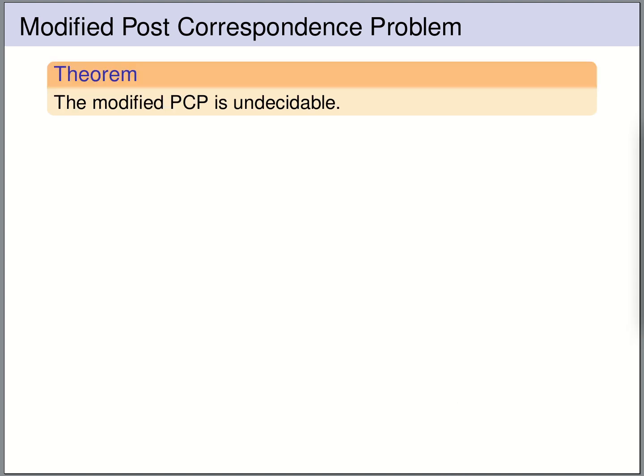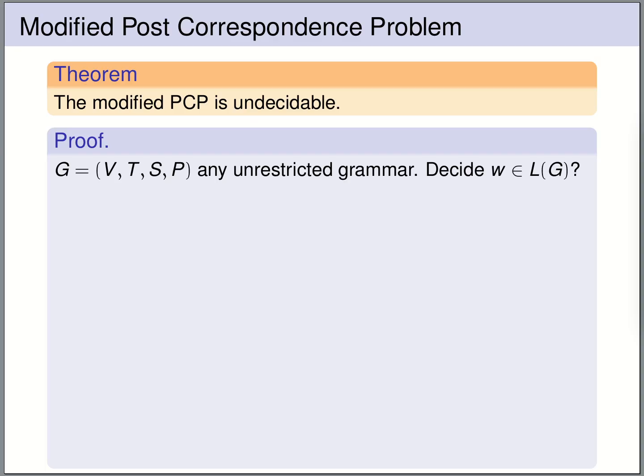We are now going to prove that the modified post-correspondence problem is undecidable. We're starting with an unrestricted grammar G. Unrestricted grammars give rise to the class of recursively enumerable languages. Membership in an arbitrary recursively enumerable language is not decidable.